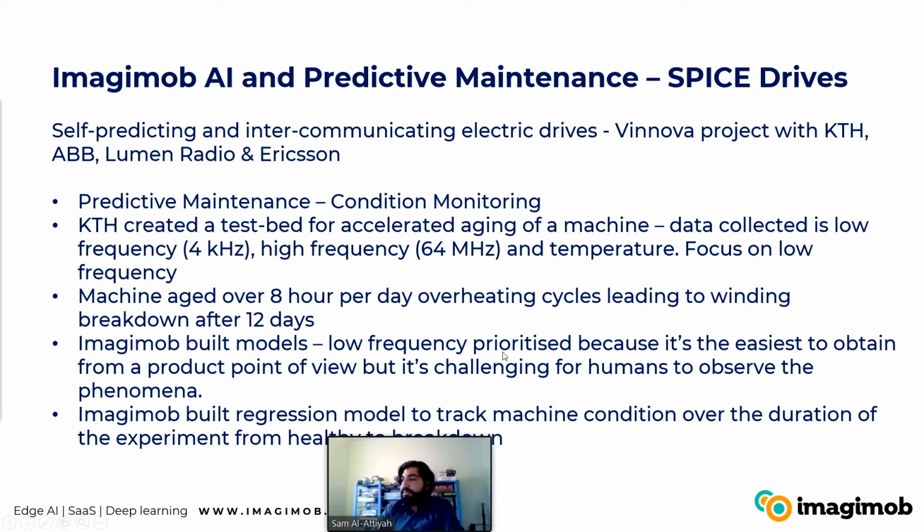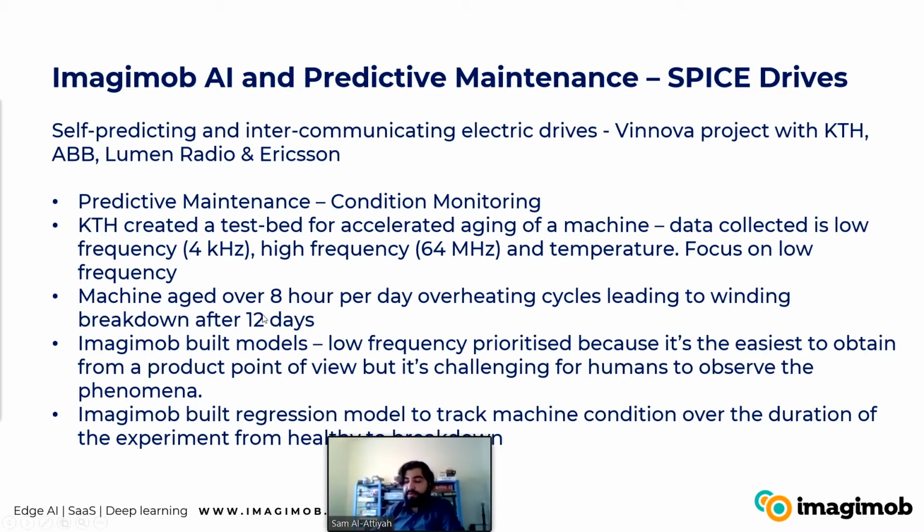The low frequency was prioritized because it's the easiest to obtain from a product point of view, and as we understood it, it's also very difficult for humans to identify the current condition of the product based on the low frequency data, which makes it ideal to tackle with machine learning.